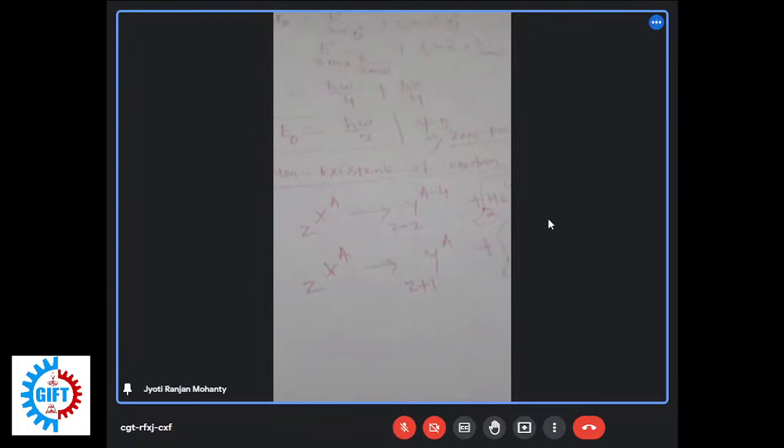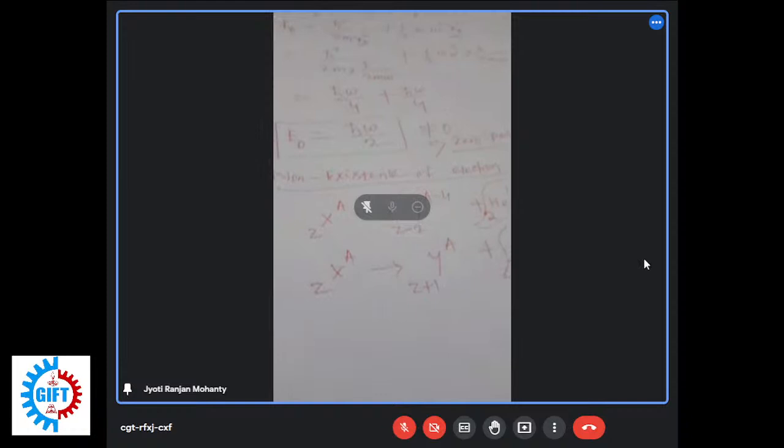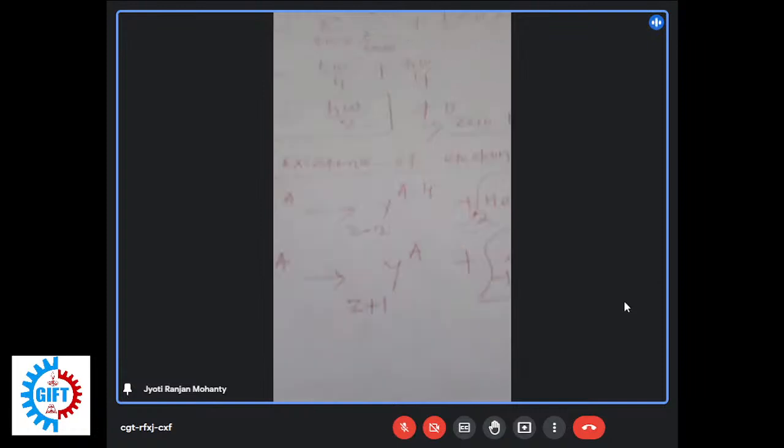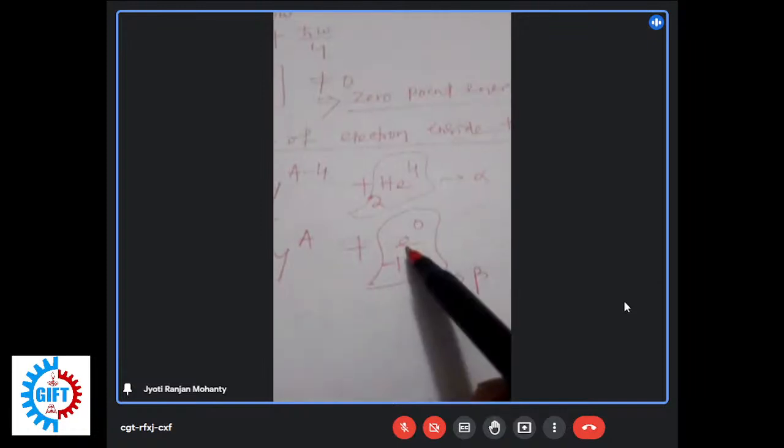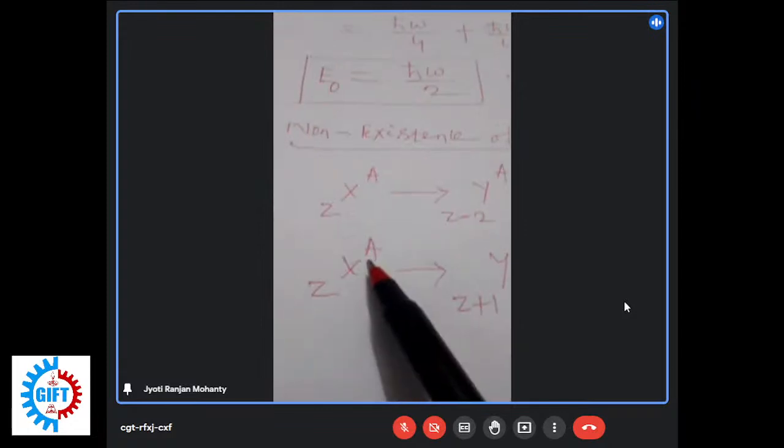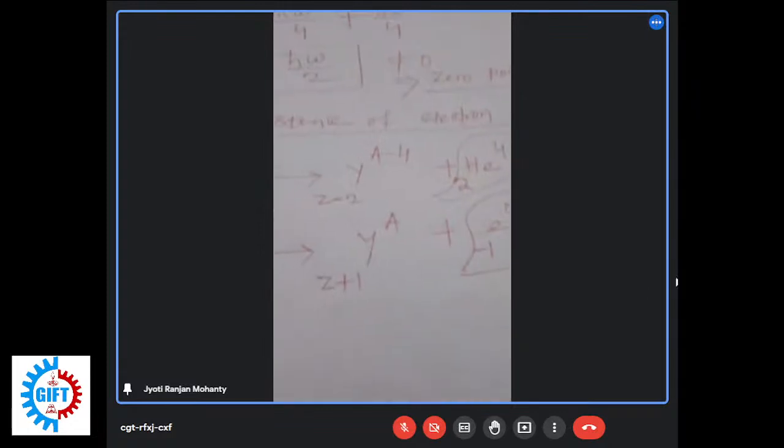But by using the Heisenberg principle, I am going to show you that there is no chance of an electron inside the nucleus. Let's see whether this electron is present inside this parent nucleus or not.